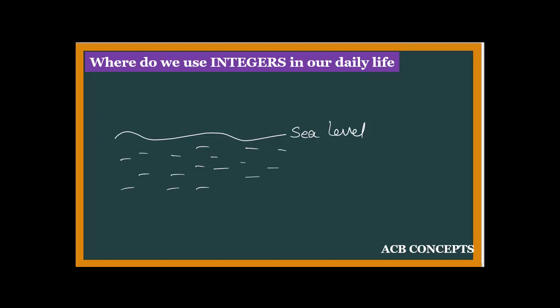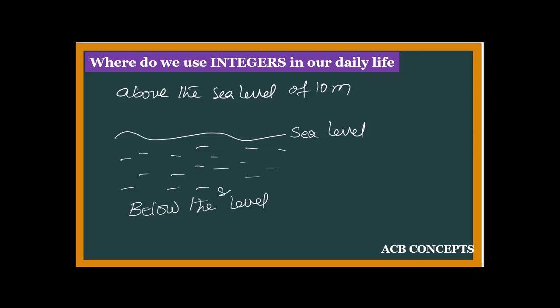There is an object above the sea level at a height of 10 meters. Another object is placed below the sea level at a depth of 5 meters.